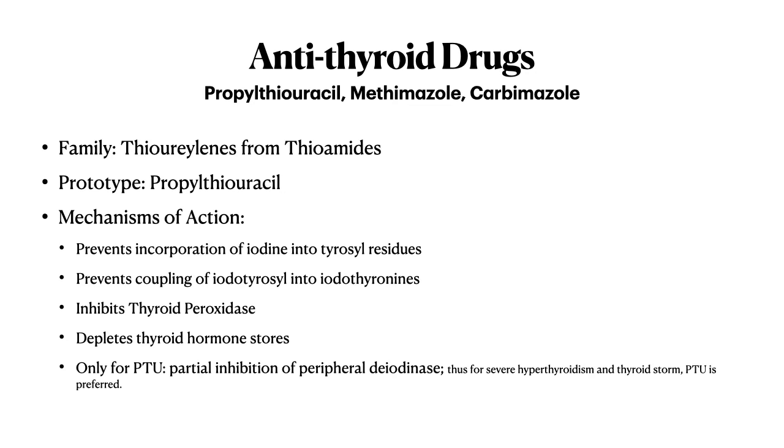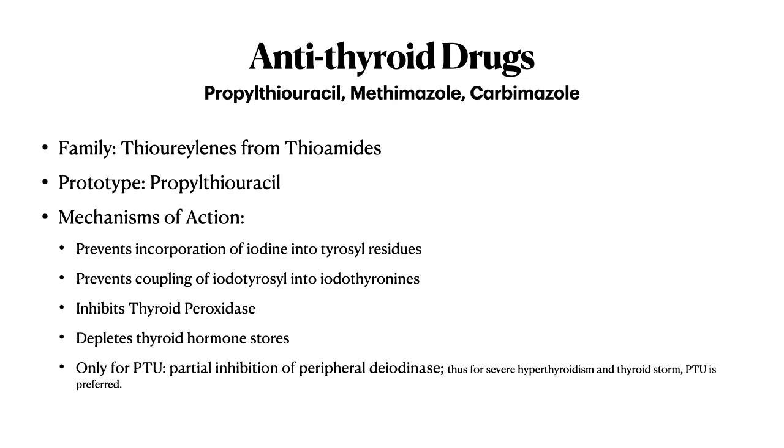The iodine that has been acted upon by thyroid peroxidase should be incorporated into tyrosine, and that tyrosine that is present in the thyroglobulin will then be taken up by the thyroid follicular cell for proteolysis to secrete T3 and T4. But if you prevent the incorporation of iodine into the tyrosyl residues, you won't be able to synthesize T3 and T4. It also prevents the coupling of iodotyrosyl into iodothyronines.